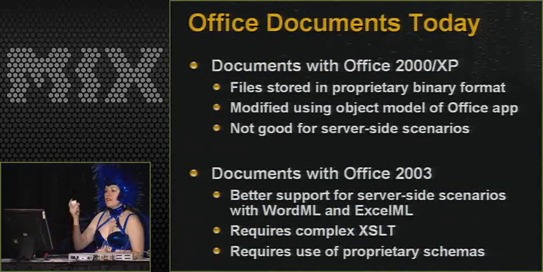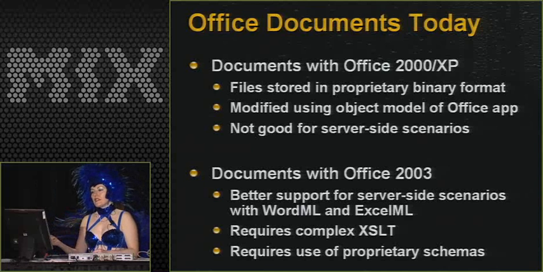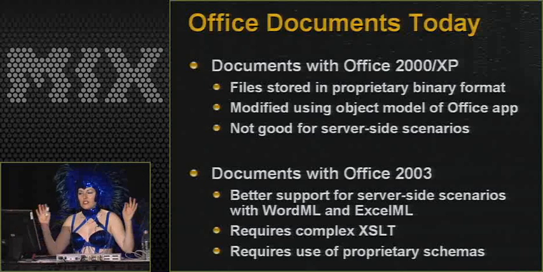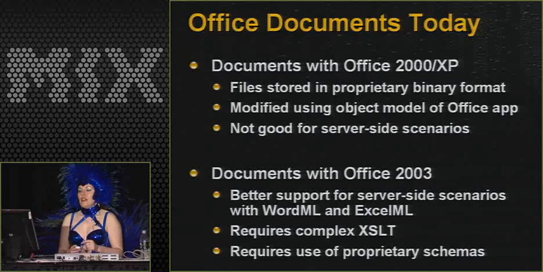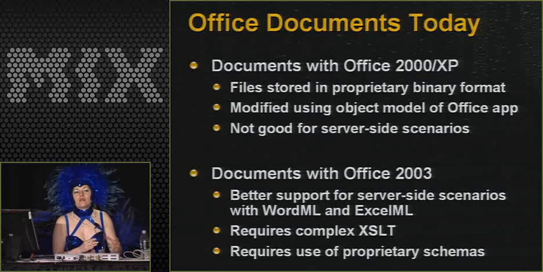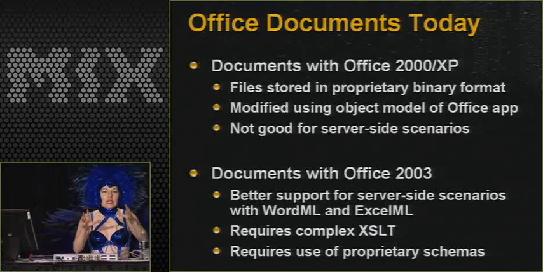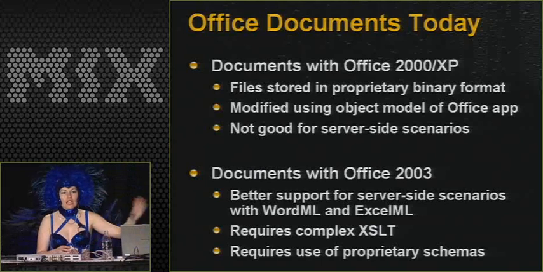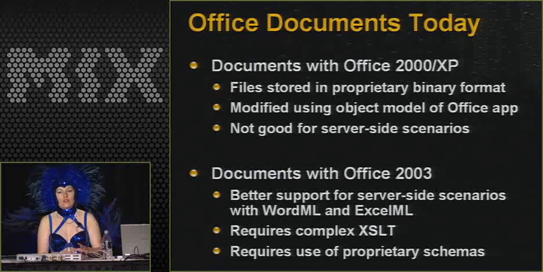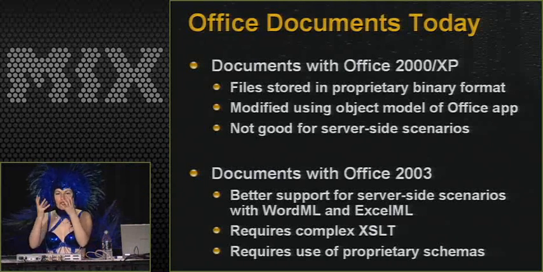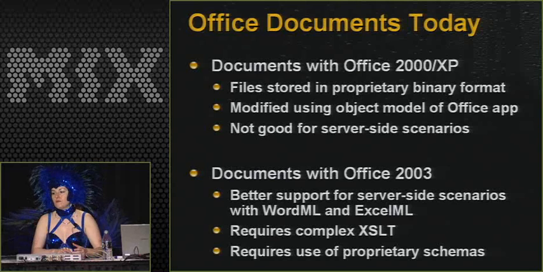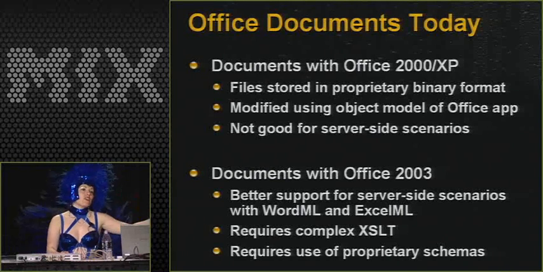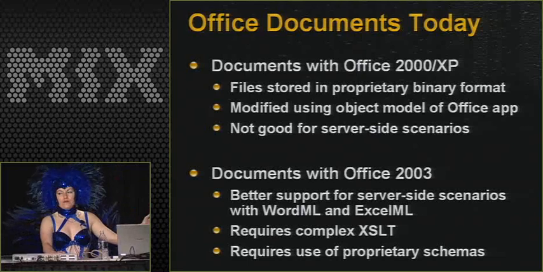So how does it work today? In Office 2000 and XP, it was entirely a proprietary binary format. You had to build these documents by opening up a version of Excel and working with the object model. You could not do it easily on the server without having to work with the executable of Word or Excel. So it was really no good at all for server-side document generation.